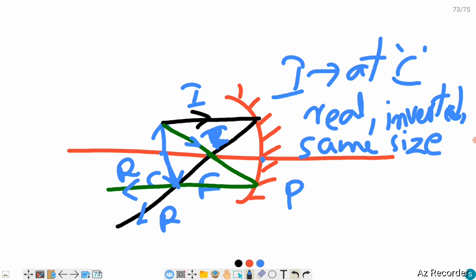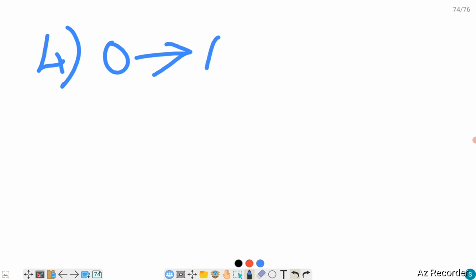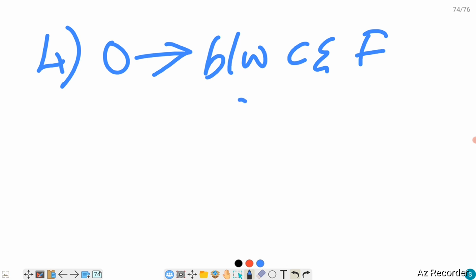Very, very important. And then we'll see the fourth one, object between center of curvature and focus. Let's draw this.